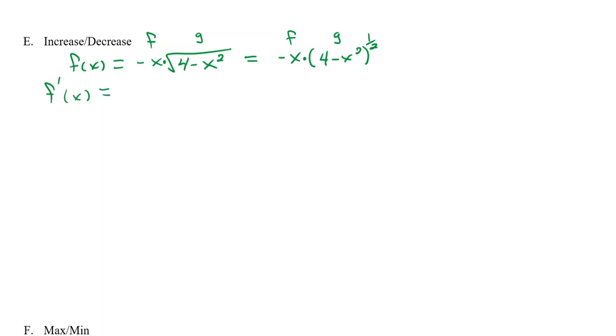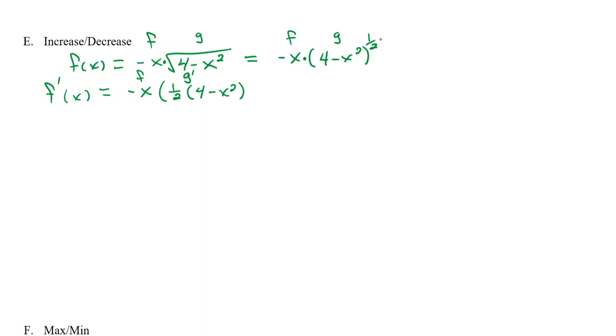Okay, so f prime of x, so that will be f, so negative x. Let's write that up there now, that's f, and then times, and then now I'm going to find g prime. So looking at this one here, I'm going to use the chain rule, so I'm going to bring the 1/2 down. So 1/2 times, and then just the inside again, so that's still going to be 4 minus x squared.